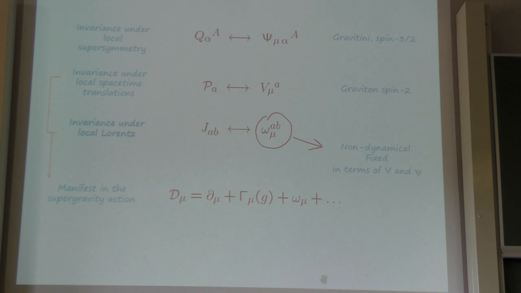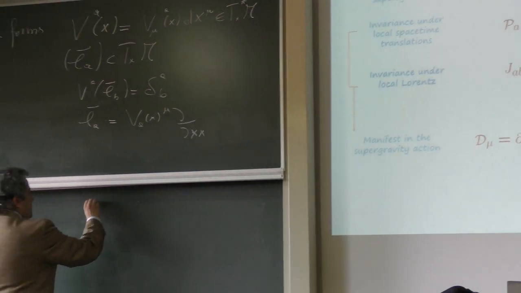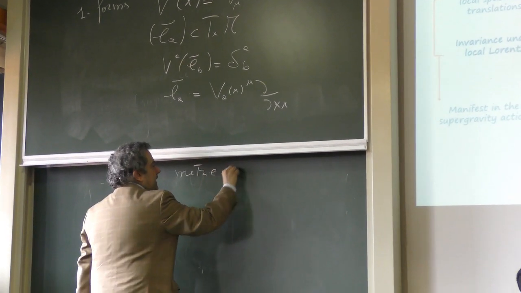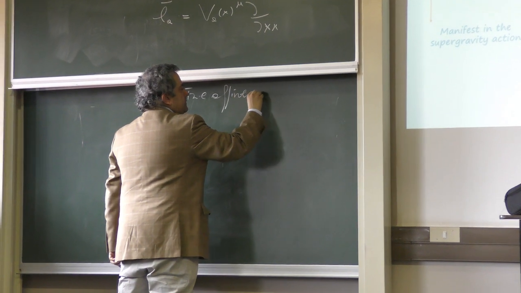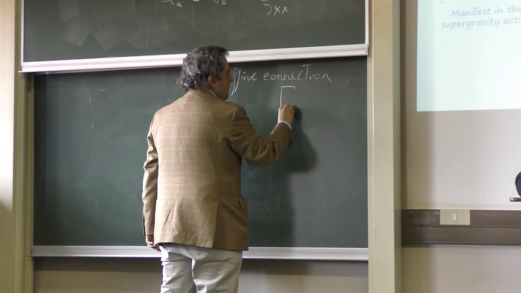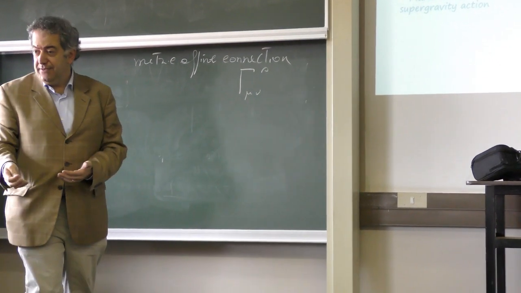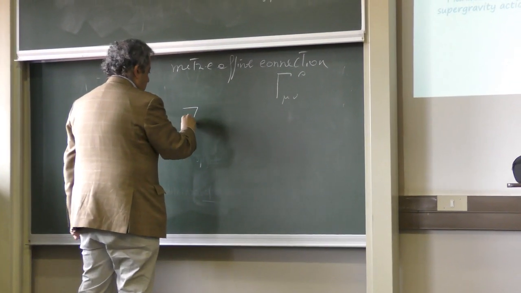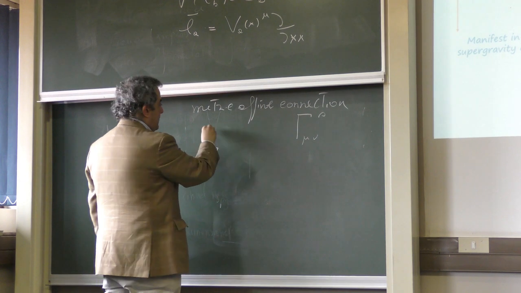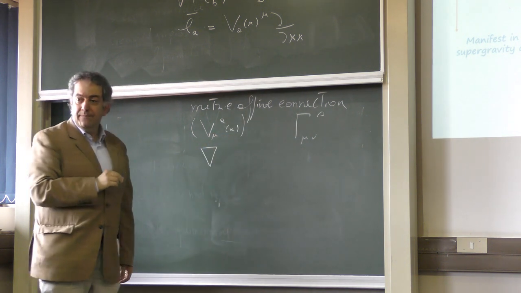So how is the spin connection defined? We have defined on our manifold a metric affine connection. Let us denote by gamma the connection symbol. This allows us to define covariant derivatives. And we have our symbol and we have our local field at any point.